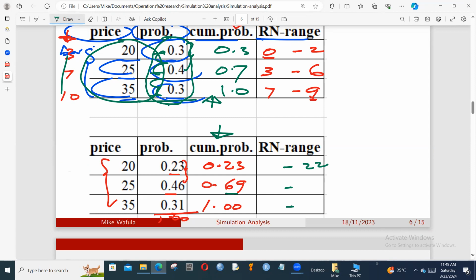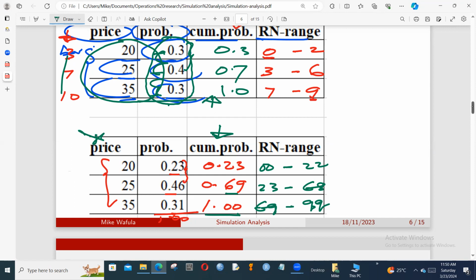This is 69, the upper limit, you less 1, 68. This is 100 if you have assumed the decimal number, so the upper limit is 99. And so we are expecting, of course, 00 to 22, then next 23 to 68, then next 69 to 99. So this will be the range of random numbers for this kind of problem.